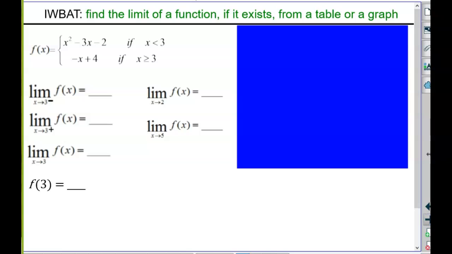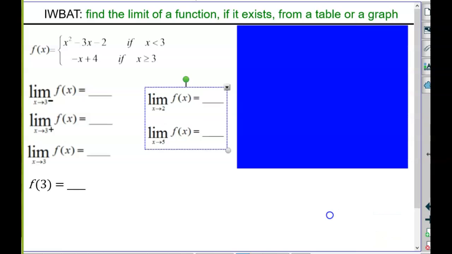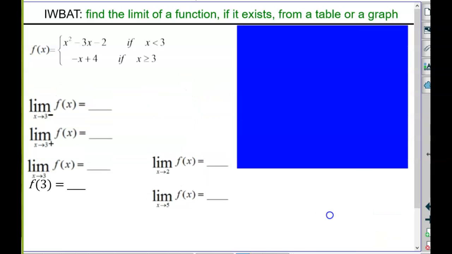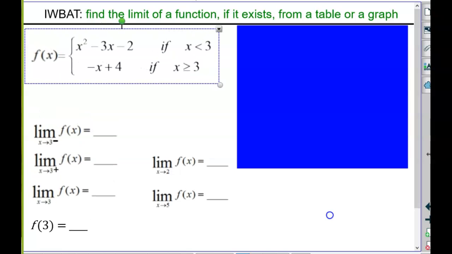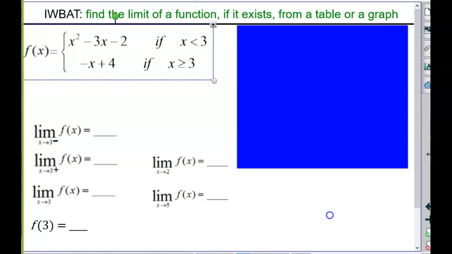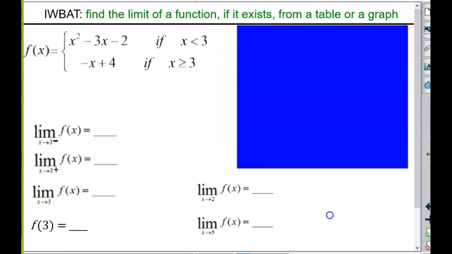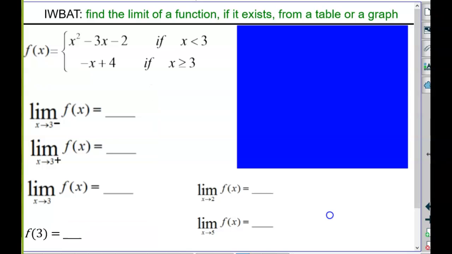So, this is the last slide, I believe, and I definitely want you to write this one down. Because, do we need a graph to answer these questions? The answer is no. There's a graph here, it's hidden. But we're going to be able to answer these questions without the graph because of what we know with the function itself.